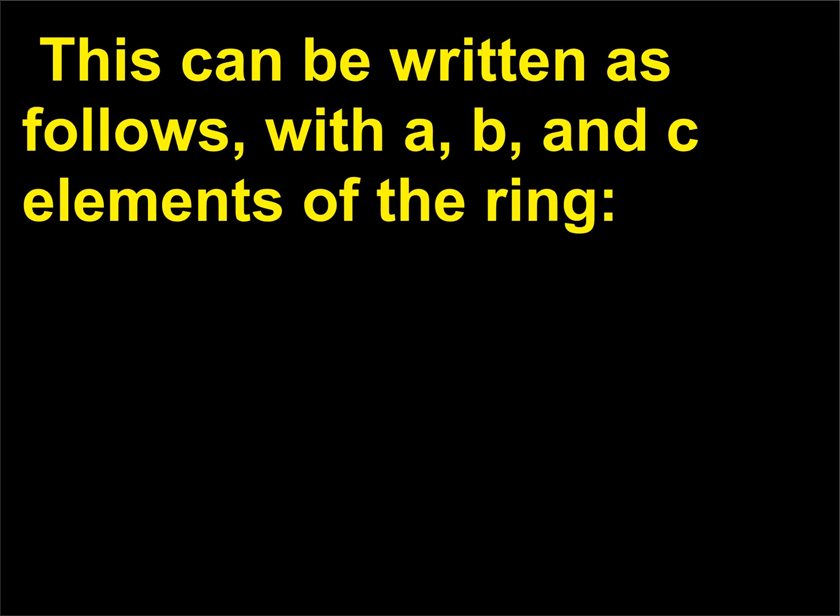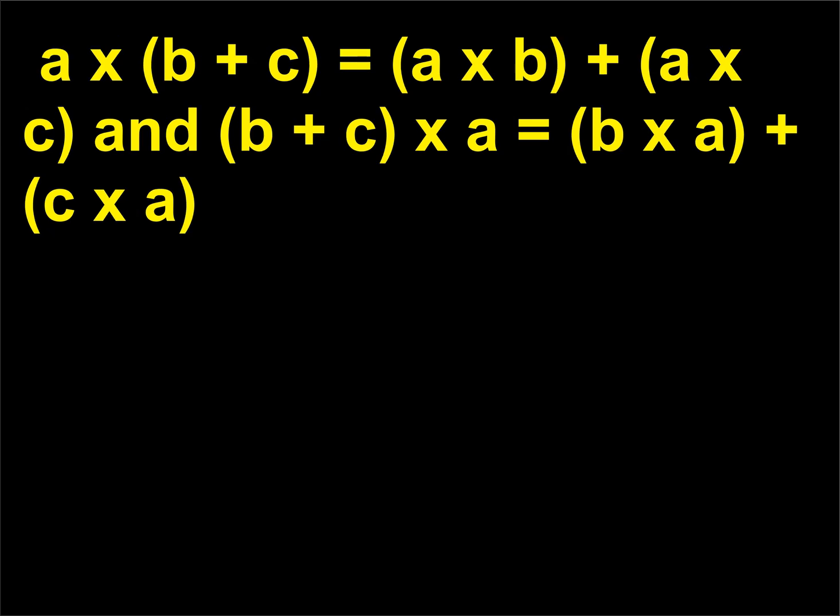This can be written as follows, with A, B, and C elements of the ring: A × (B + C) = (A × B) + (A × C), and (B + C) × A = (B × A) + (C × A).